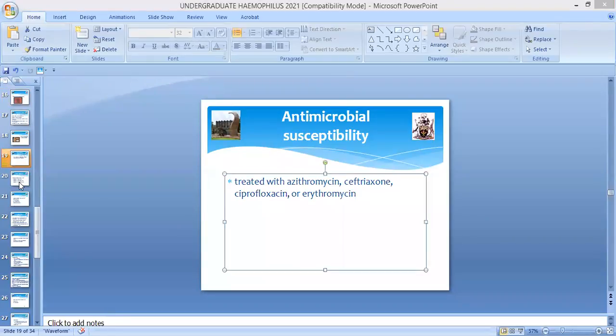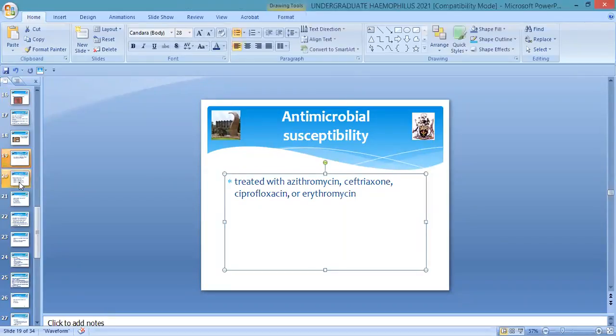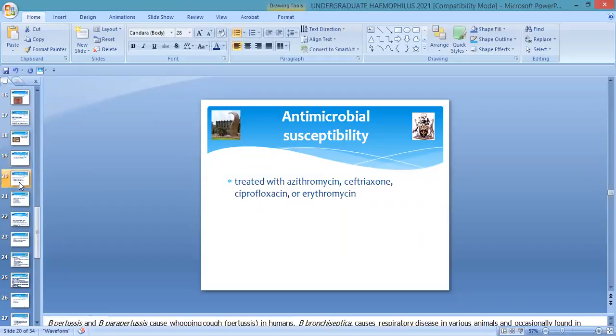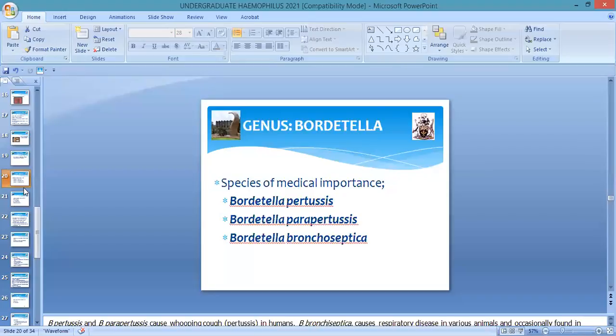I'll move on to the next, which is Bordetella. So the genus Bordetella, we have three important species: Bordetella pertussis, Bordetella parapertussis, and Bordetella bronchiseptica.